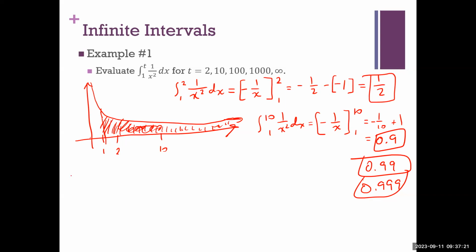So how do we deal with it if we have to find an integral? Writing things like this is kind of strange, because infinity is not a number. So because of that, I'm going to express it this other way instead. I'm going to take this as a limit, because even though infinity is not a number, I can think of these different t values as t gets really, really large of this integral.